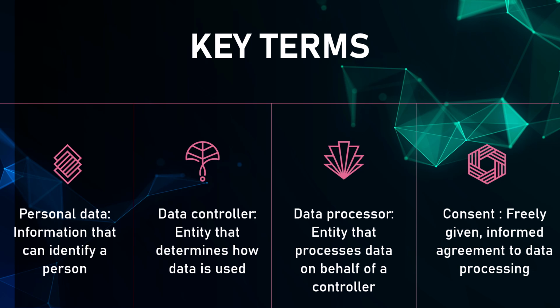You have an organization with the HR department. In this particular case, the data controllers will be the organization or the employers, and the data processor will be the government revenue authority that is processing this particular information on behalf of the organization.